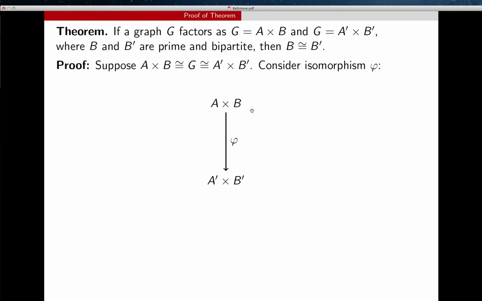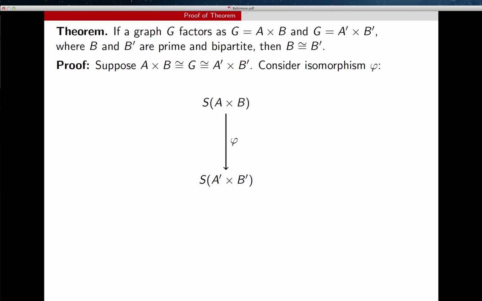Now, the first thing we're going to do with that is we're going to take the Cartesian skeleton of the image and the co-image. And by the theorem we cited on the previous slide, phi is still an isomorphism from the skeleton S of A times B into the skeleton S of A prime times B prime.